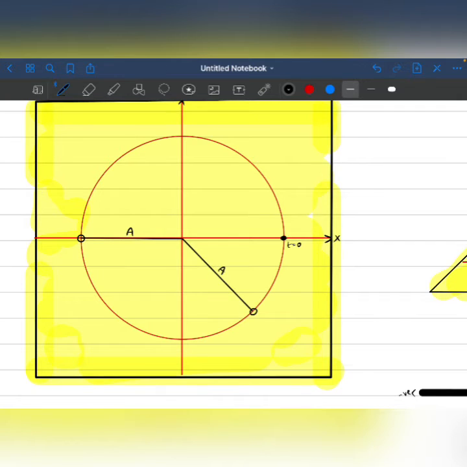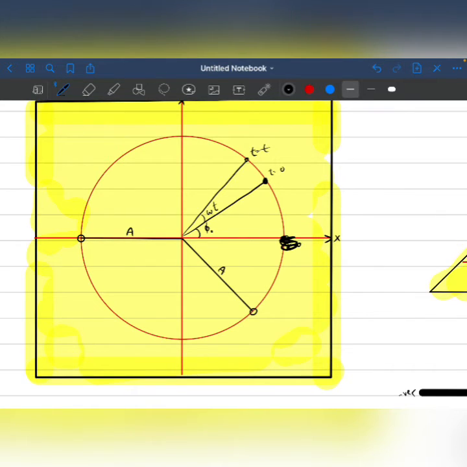Now let's say that at t equals 0 the particle is here and it is making an angle phi naught with the x-axis, and then after some time it is coming here at t equals t, let's say.